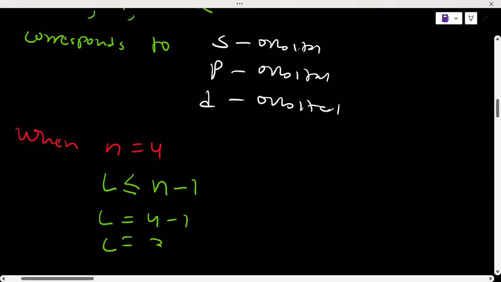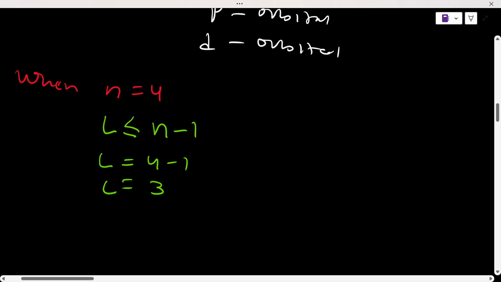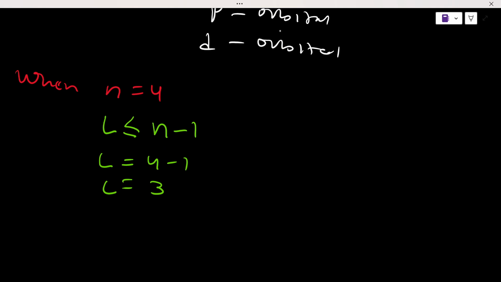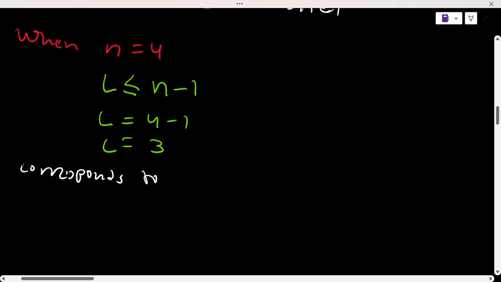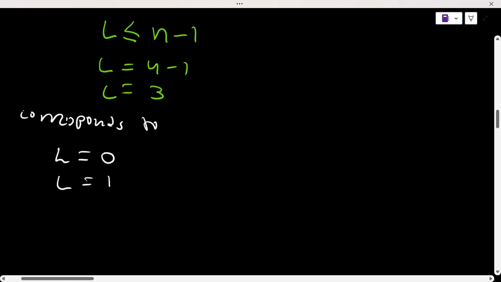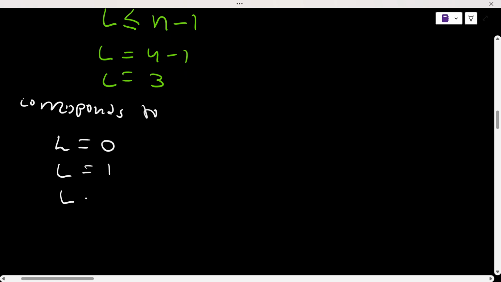So L is equal to 3. It corresponds to a situation whereby I'm going to have L being equal to 0, L being 1, L can be 2, and L can be 3.